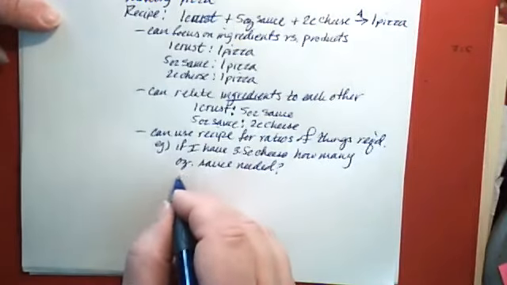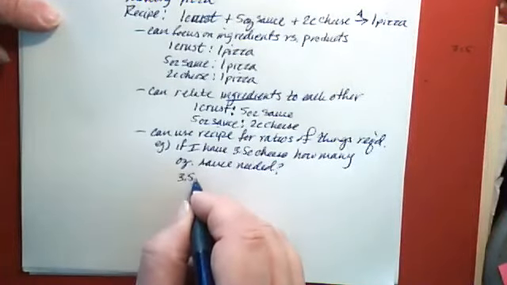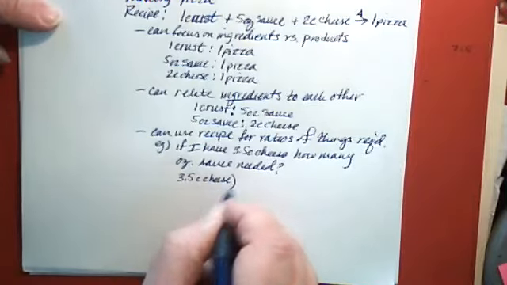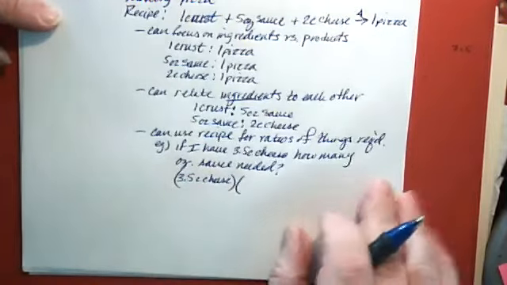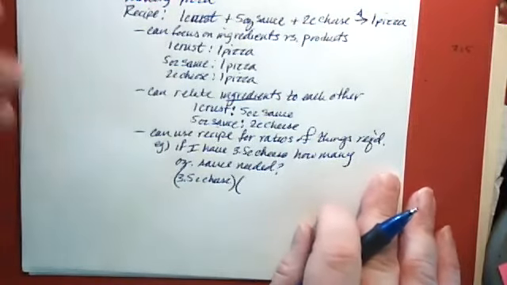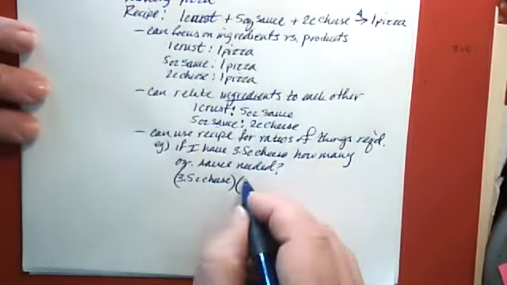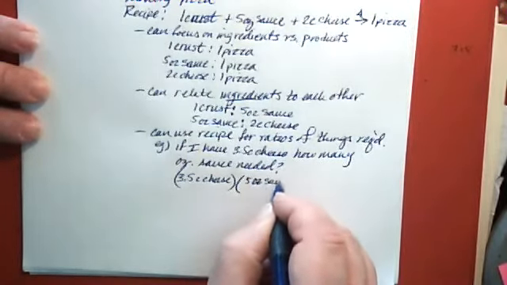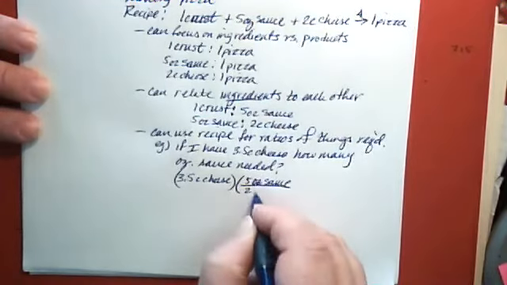Okay, so mathematically, you can just take what you've got, 3.5 cups of cheese, and take the ratio of those 2 things from the balanced equation. In this case, it's 5 ounces of sauce for every 2 cups of cheese.